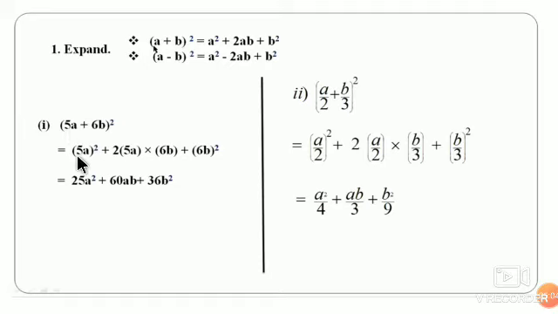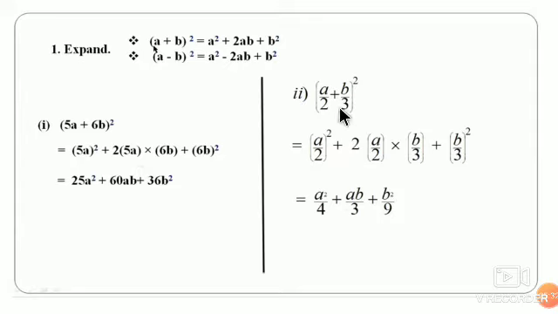Square of the first term, (5a) square, plus 2 multiplied by first term multiplied by second term, plus the square of the second term. 5 fives are 25a square, plus 2 into 5 is 10, 10 into 6 is 60, into a b, plus the square of the 6 is 36, square of the b is b square. This is the answer of the first example.